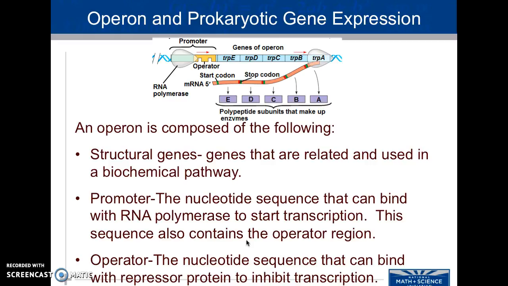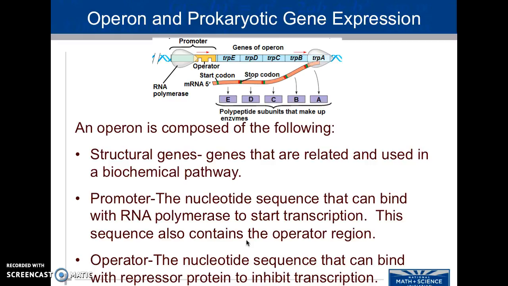An operon, or a section of genes that are related, is made up of the following things. The structural genes: these are the genes related to use in the pathway, so TRP, E, D, C, B, A. The promoter, which is the nucleotide sequence that binds to RNA polymerase to start transcription. We saw it as the TATA box in our practice with transcription and translation.